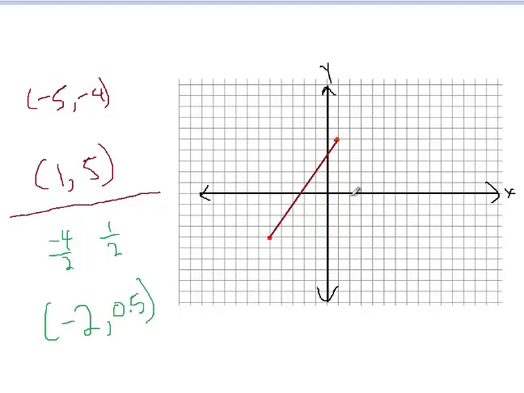So the midpoint is -2 and 0.5, which is right there. Obviously, the midpoint has to be on the line, and looking at it with the naked eye, it seems pretty apparent that the green mark is in fact at the midpoint of this segment.